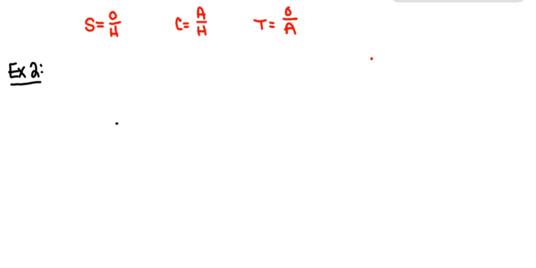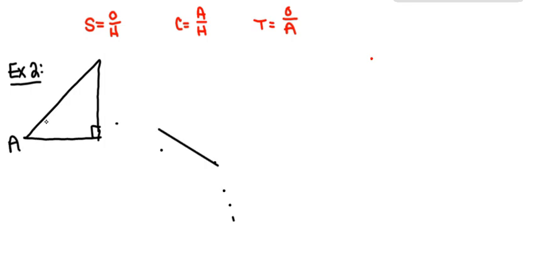All right, example 2. So this one too, I'm going to build a right triangle, but this one I'm going to draw kind of backwards. I'm going to call it A, B, C. Don't know how well that got on my paper, but let's go ahead and get rid of that. I'm going to label angle B as 65 degrees.